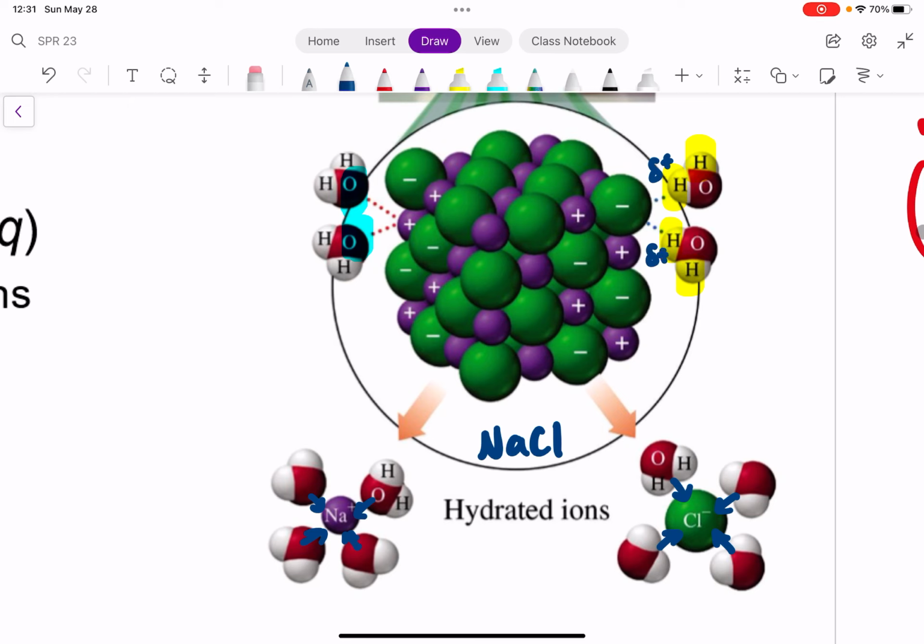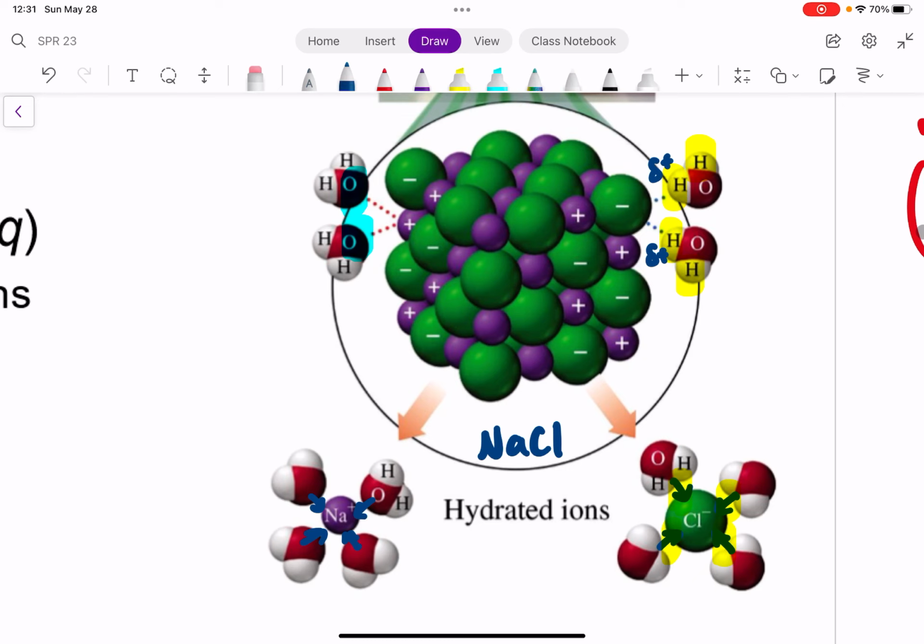Okay, and what ends up happening is that water, as it orients itself around these crystals, those chloride ions are actually separated, because those water molecules are going to orient themselves like this around that chloride ion, and they're going to pull it apart.